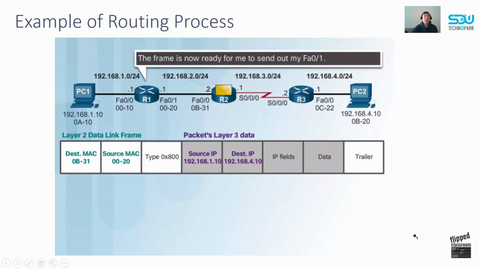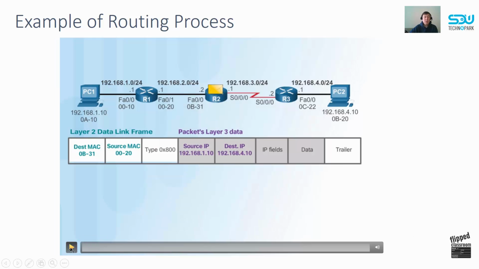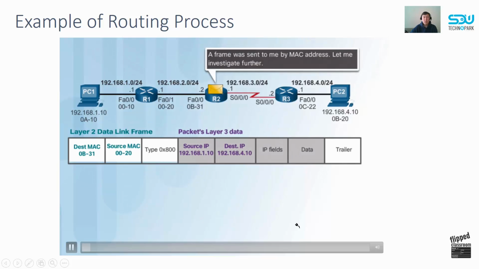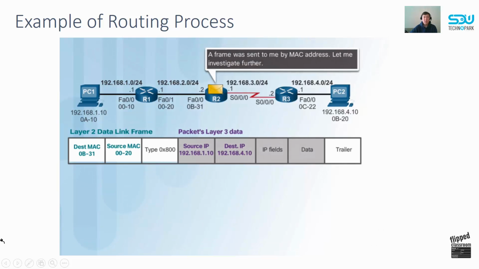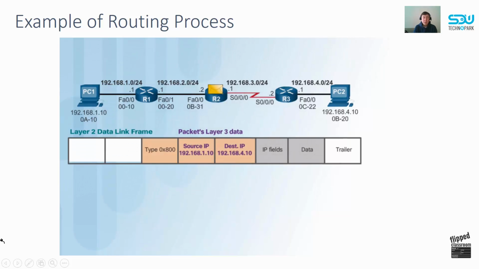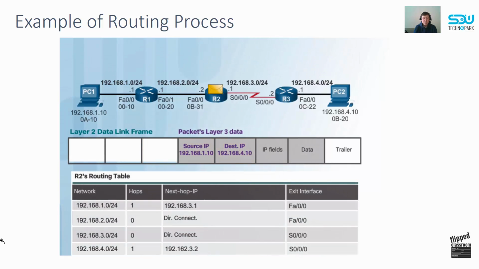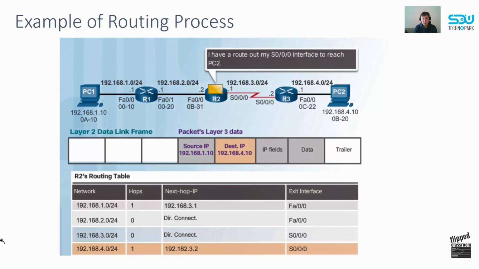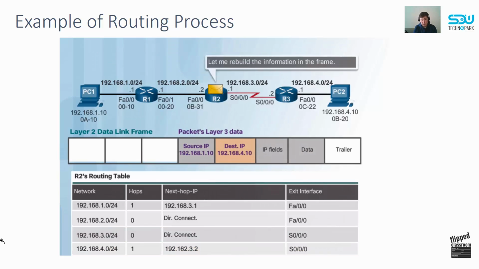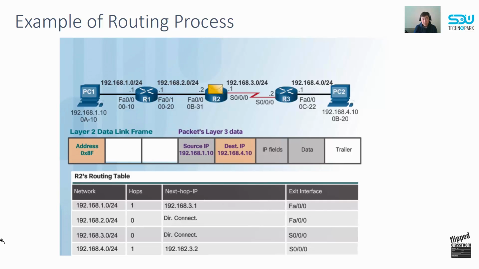Alright, so let's continue. Now router 2 has received this frame and is investigating what to do next. Due to the fact that we have a serial connection which is point-to-point, router 2 does not need to send information to the MAC address of router 3, because we don't have MAC addresses on the WAN interfaces, since the type of the network is point-to-point.